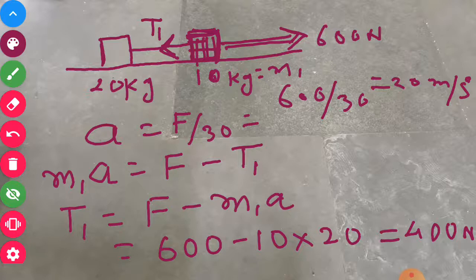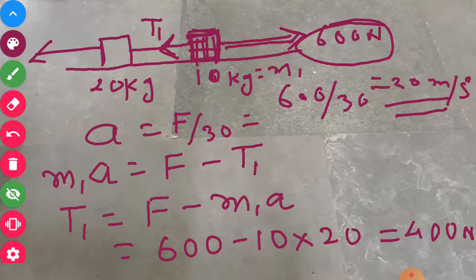Okay. Now you are changing the direction of this 600 Newton. Now you are applying the force in this direction on the 20 kg object. So what will happen? The acceleration is going to remain the same. Instead of m1, we have to write m2.